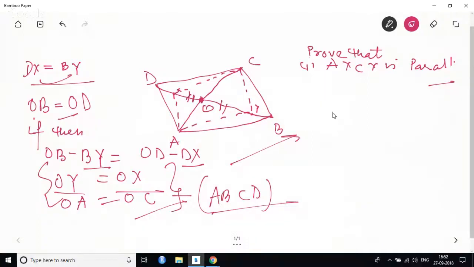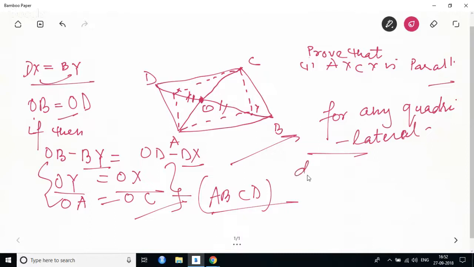If for any quadrilateral I find diagonals bisecting each other, then we can write that this is a parallelogram. So this was the first proof.